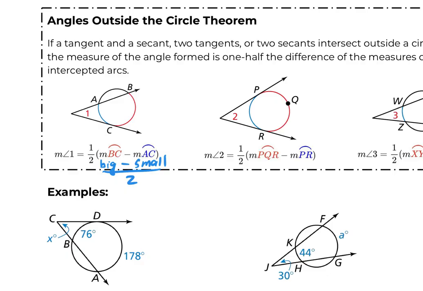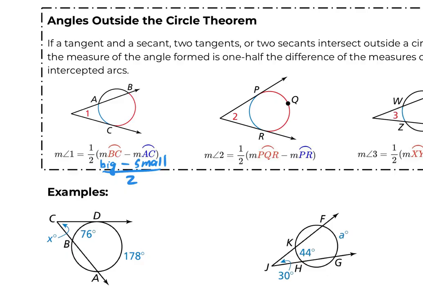But the reason I'm doing it that way is because we're subtracting, we always got to put the big number first. We always got to put the big arc first. If I put the smaller number first, if I took this minus this, I'm going to get a negative number. We can't have a negative angle measure, at least not in these problems. Okay? So a negative would not make sense for something like this. Sometimes we might get x being a negative, but a negative angle measure wouldn't make sense for what we're doing here.